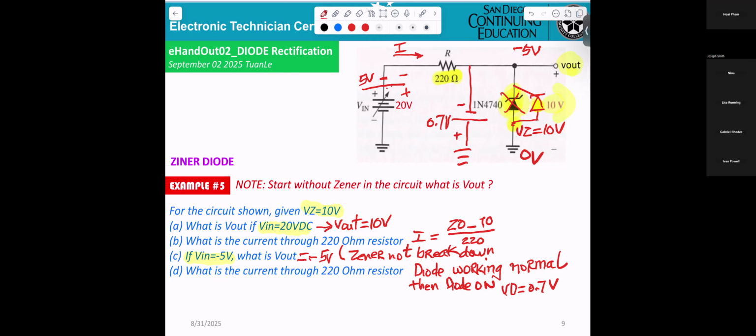Okay, then the answer: what is the current through the 220? So I equals minus 5 volts minus minus 0.7, you get minus 4.3.